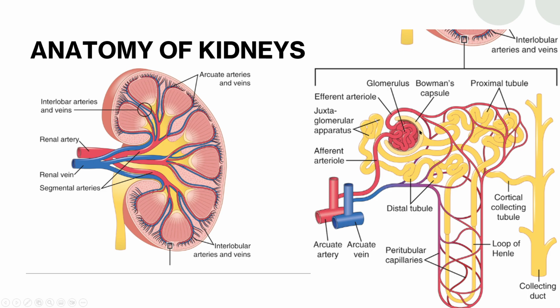So what happens to all the water and all the waste in the tubule? It will come down to the loop of Henle. When it comes down the descending loop, the wall of the tubule is very thin, so some of the good things that are to be reabsorbed will be reabsorbed into the capillary again.